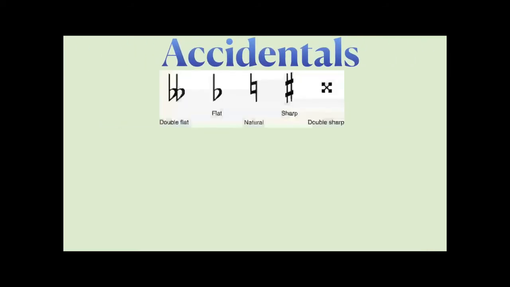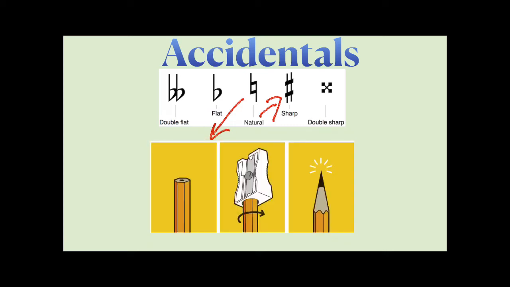Let's learn a little bit more about accidentals. As we move from a natural to a sharp, we move to a pitch that is a higher frequency. As we move from a natural to a flat, we move to a pitch that is a lower frequency. We also move to the pitch that is the next door neighbor on our piano keyboard.